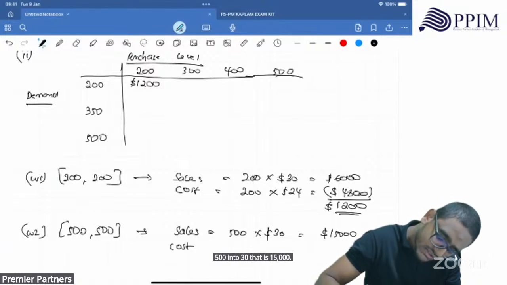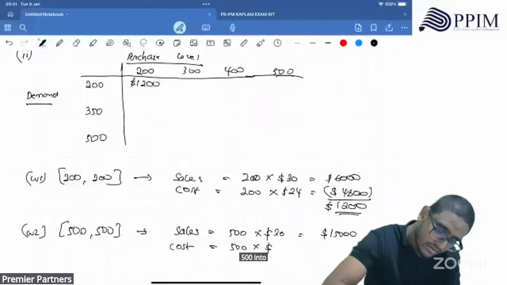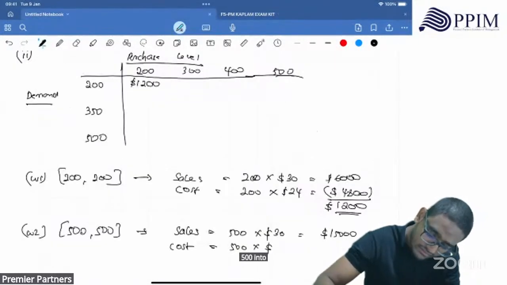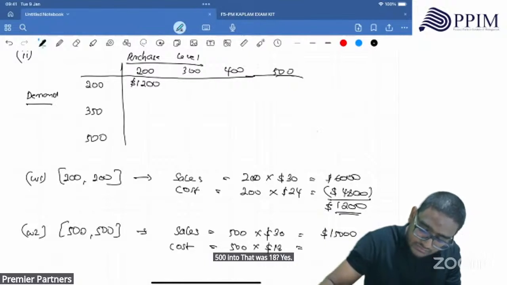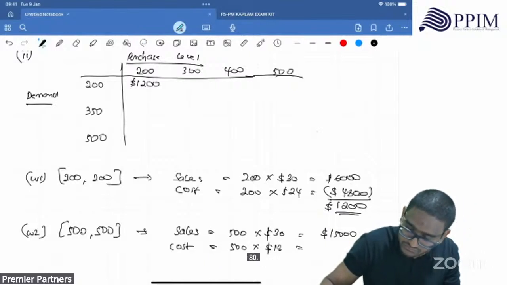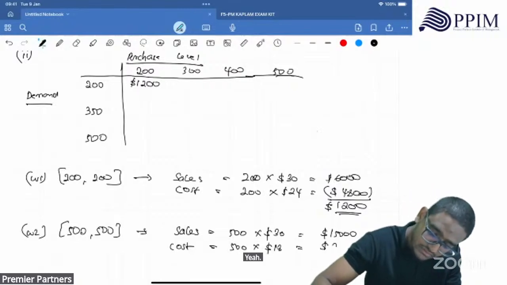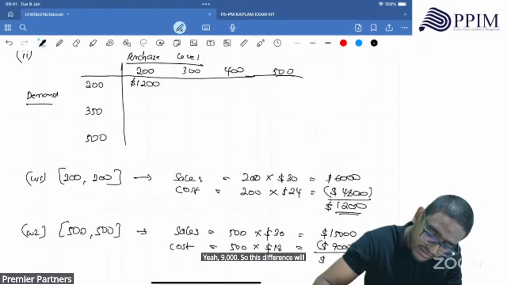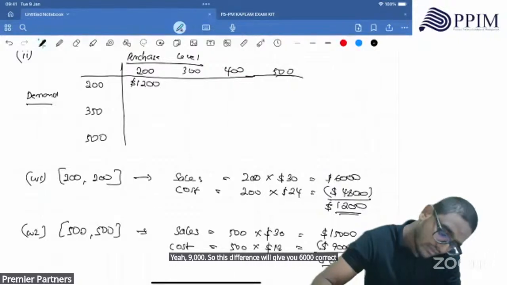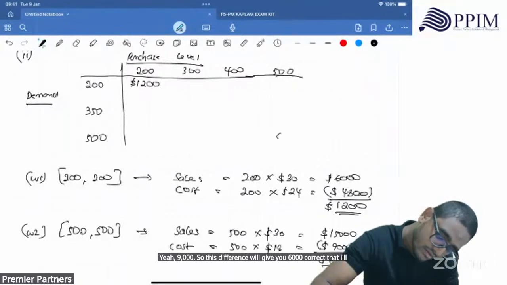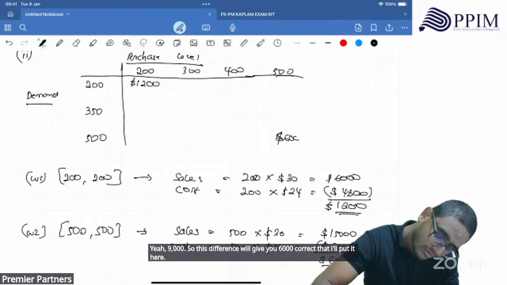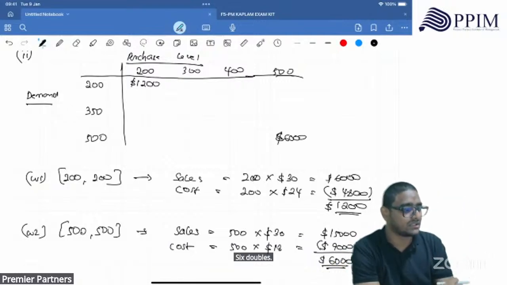Cost: 500 into 80, and 9,000. So this difference will give you 6,000, correct? That I'll put it here at 6,000.